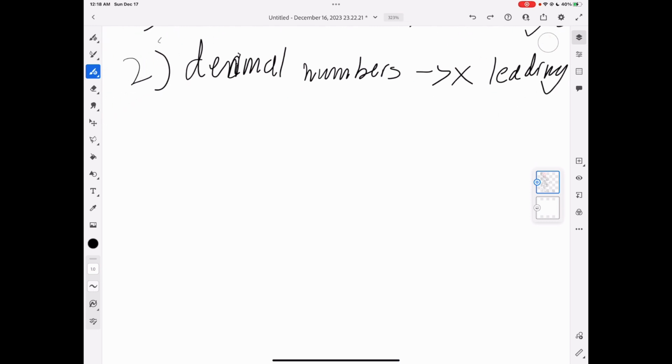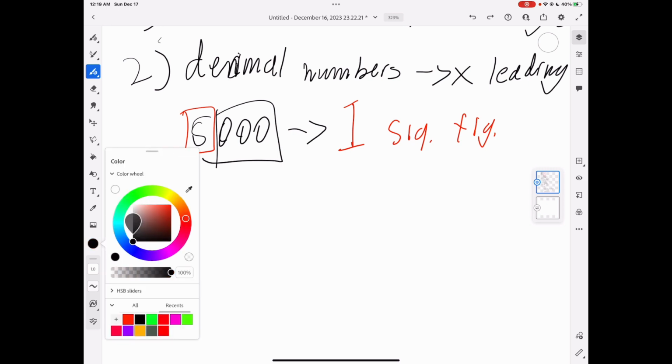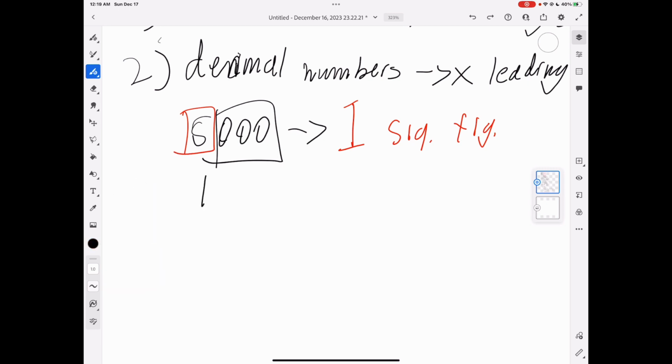So, in a given example of, let's say, 5,000, since trailing zeros are not significant figures, we only have one sig fig. Let's say we have something like 1.0702.